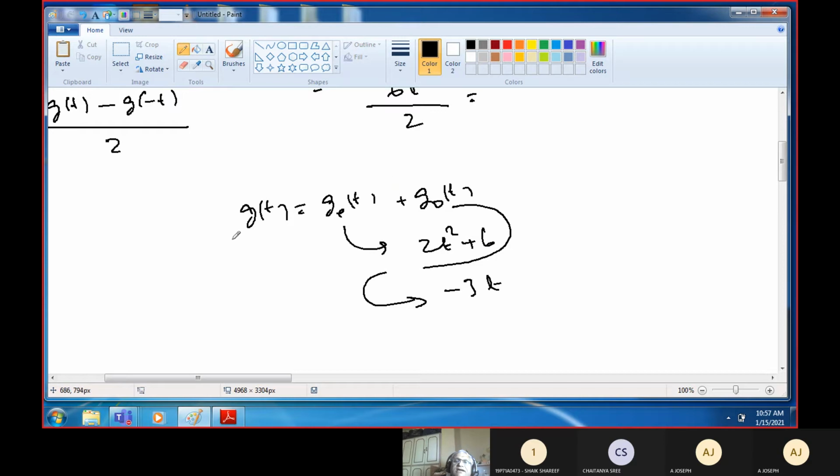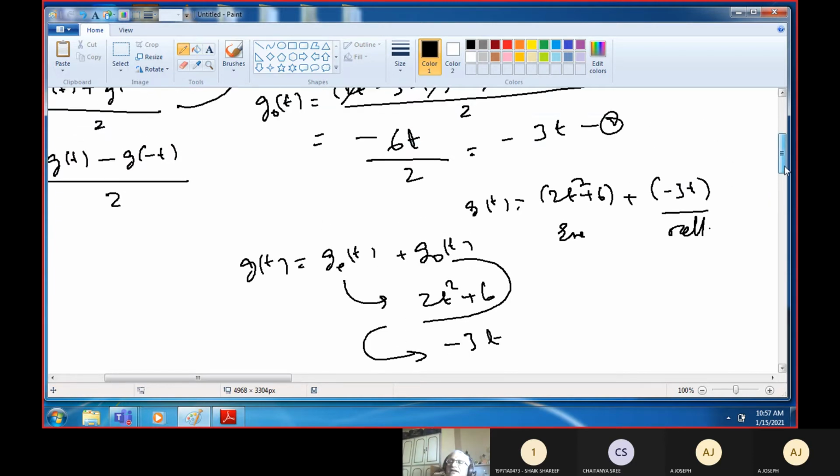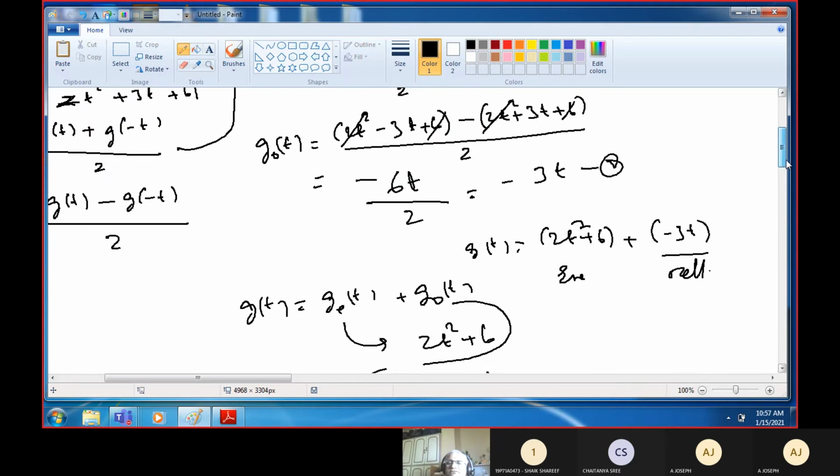So we are writing like this. So this g of t is equal to 2t square plus 6, which is the even part, plus of minus 3t, which is the odd part. Okay, so we can write like this. Have you understood this point?